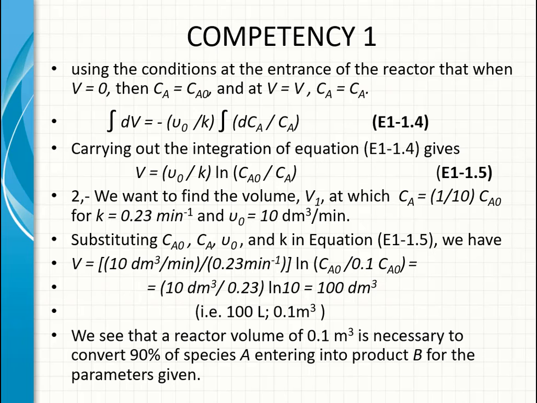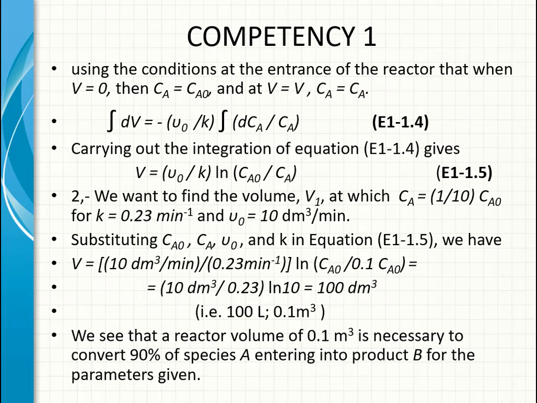If we substitute CA0, CA, V0, and K in this equation for the volume, we will have that the volume is equal to 10 liters per minute divided by the rate constant, which is 0.23 minutes to the minus 1, and multiplied by the natural log of CA0 divided by 0.1 CA0, which is CA.